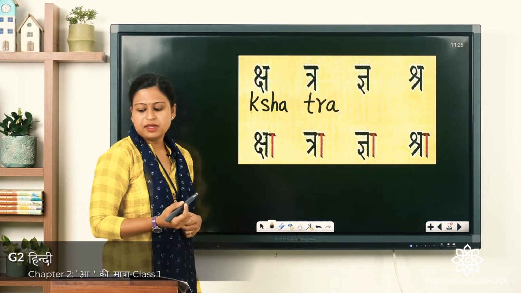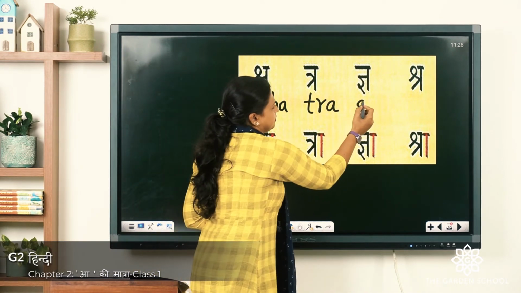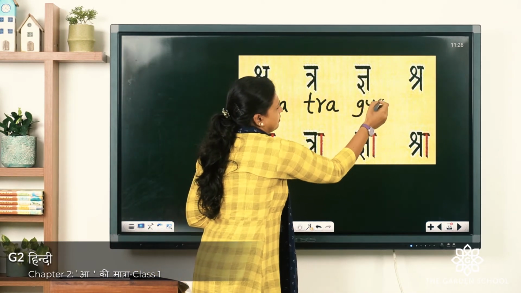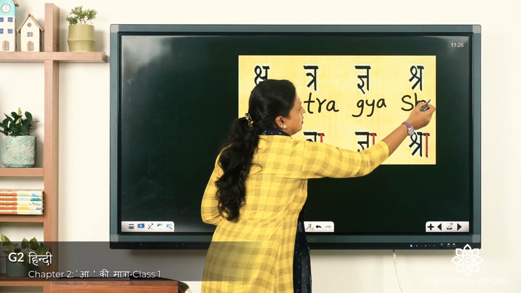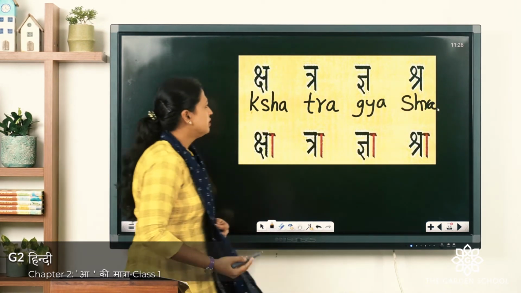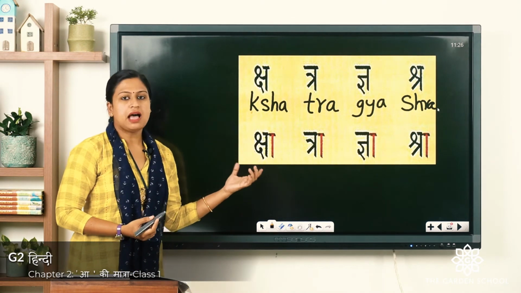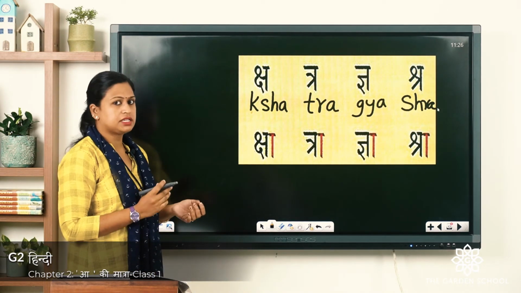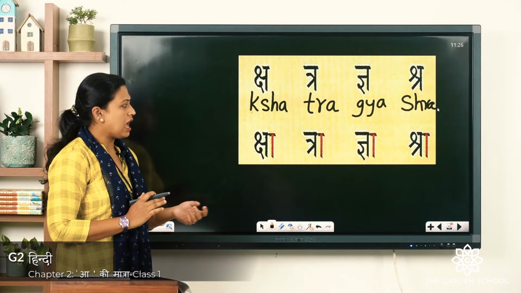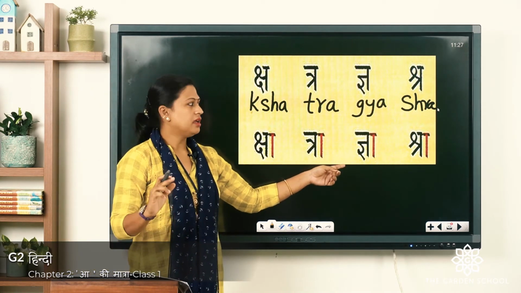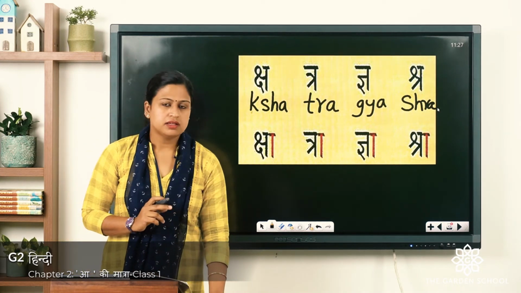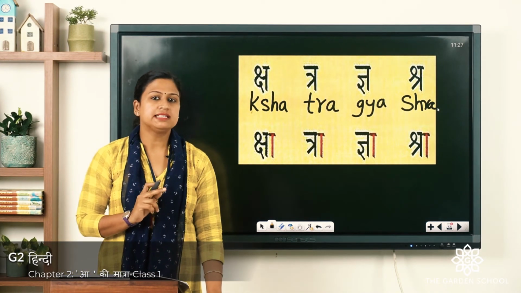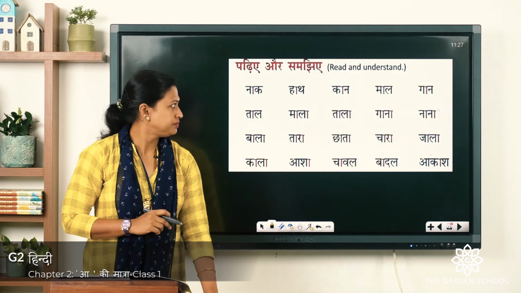Next one is gya. This is shra. Now when we add this Aa symbol to it, it sounds kshaa, traa, gyaa, shraa. So it has a longer sound that ends with the Aa sound.